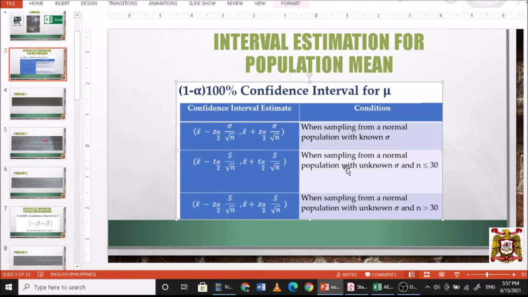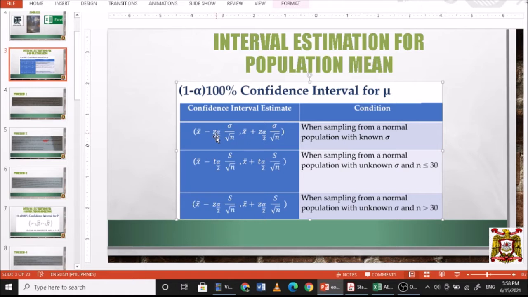Condition 2: when sampling from a normal population with an unknown population standard deviation and your sample size is less than or equal to 30, we use this formula. And when sampling from a population with an unknown population standard deviation and sample size greater than 30, we use this formula.